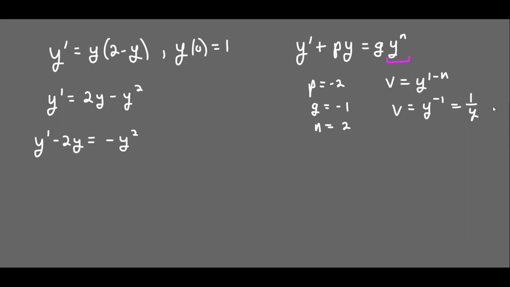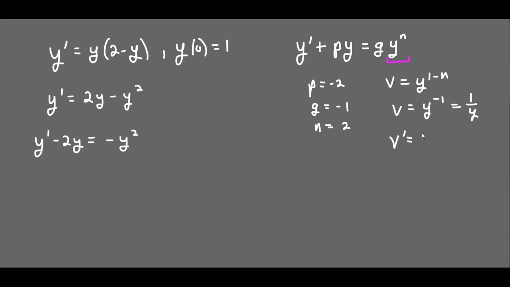So we want to make this substitution, but we need to figure out y prime. We know that y would have to be 1 over v, right? And we could find y squared pretty easily if we needed to, but we need y prime. The way we could do that is to find the derivative of v.